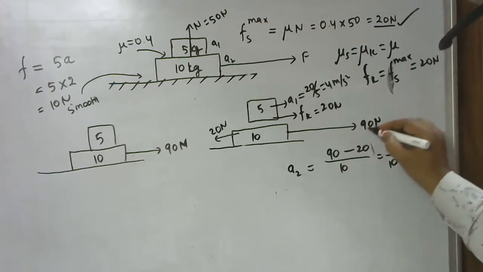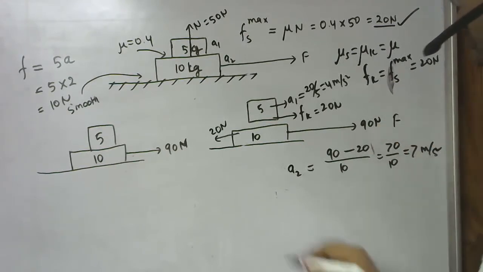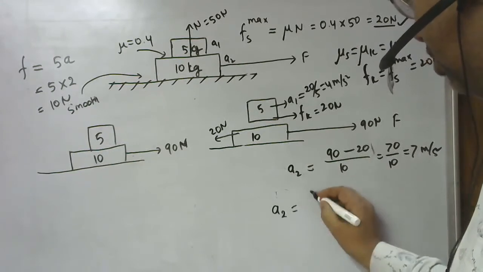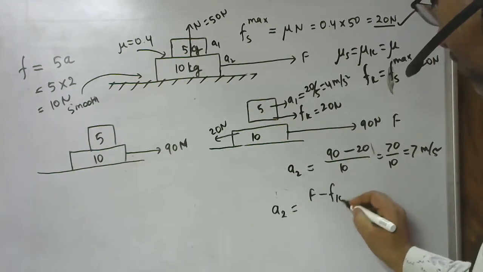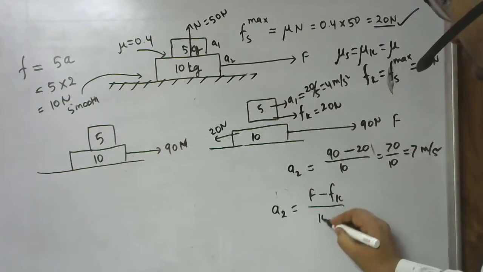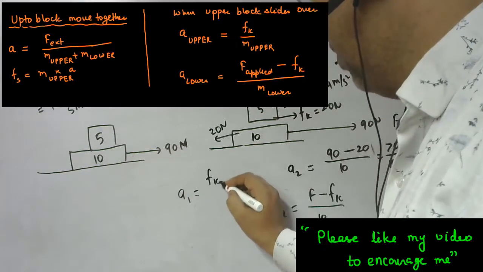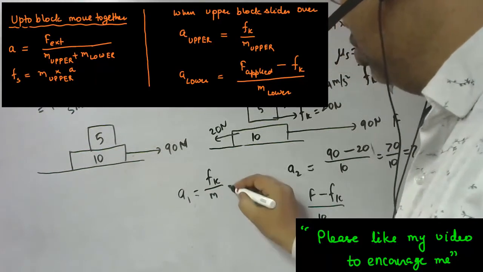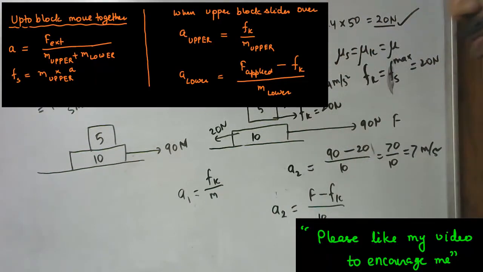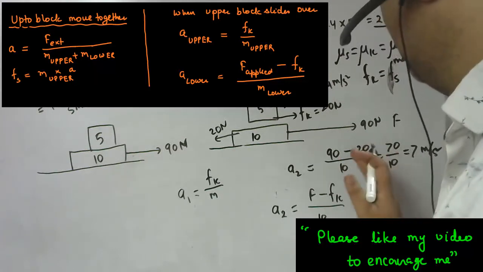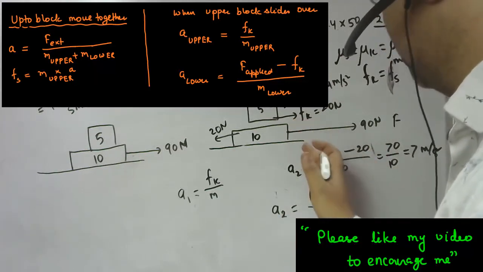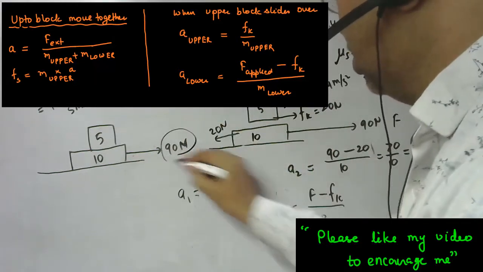If I write it as F, A2 can be written as Fk upon its mass 10 kg, and A1 can be written as Fk by its mass, which equals 4 meter per second square. So this is the acceleration of the two blocks if the external force exceeds 60 Newton.